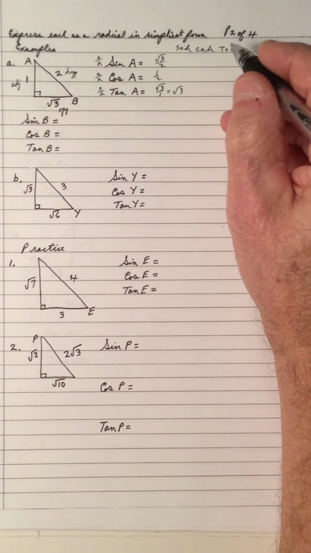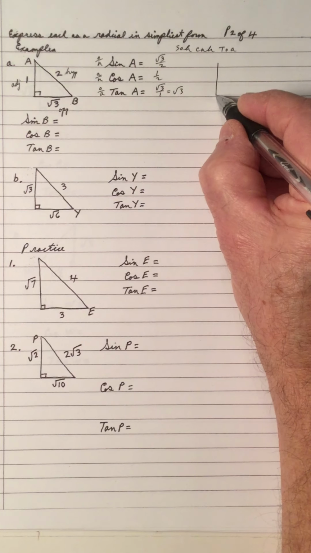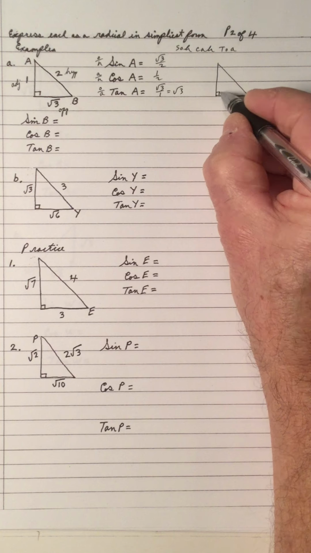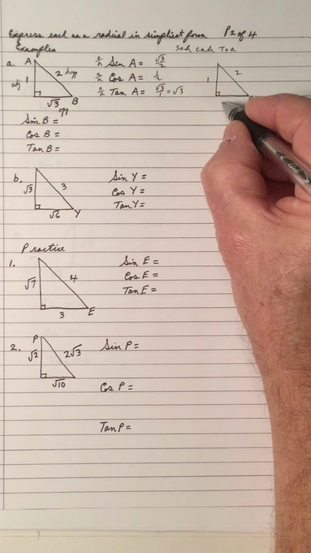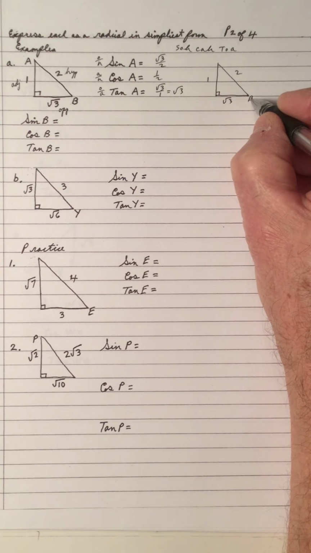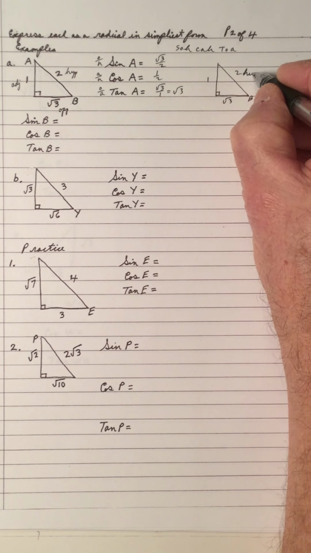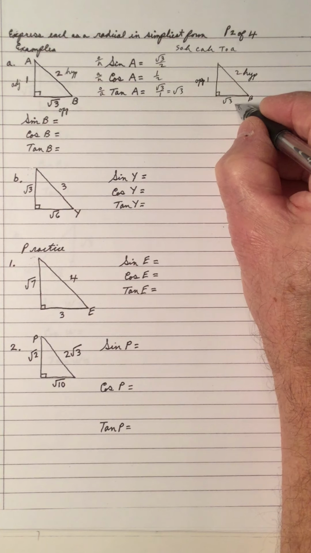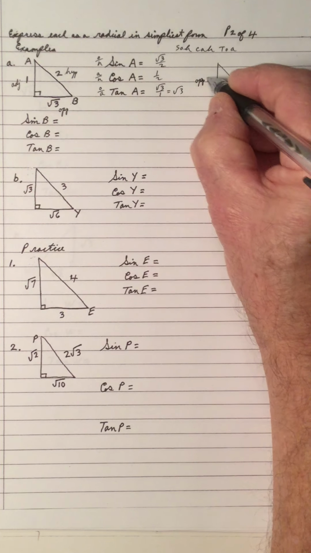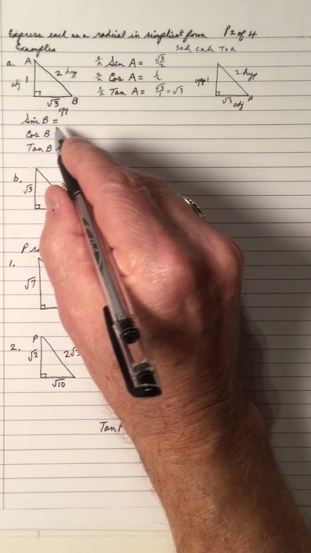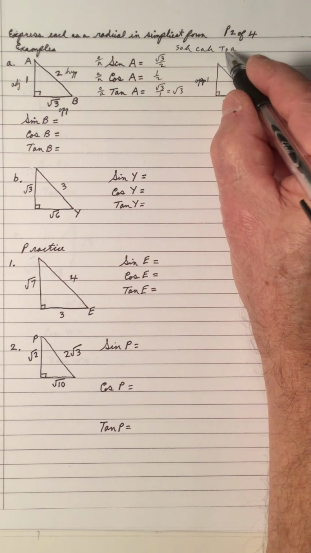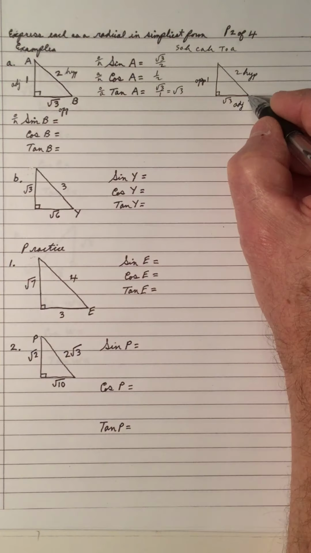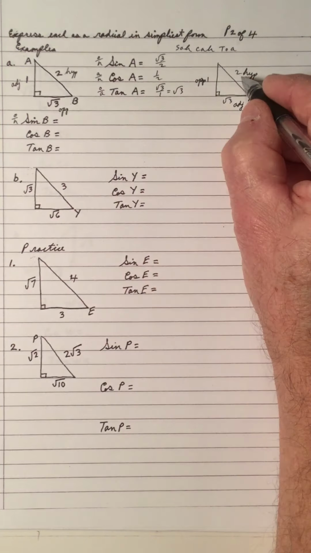Now I'm going to redraw the diagram in the same way, but this time I'm going to look at angle B. If I do this, I won't get mixed up. So now here's angle B. This is still the hypotenuse. This is opposite now, and this is adjacent. So in terms of angle B, sine is opposite over hypotenuse: opposite is 1, hypotenuse is 2.